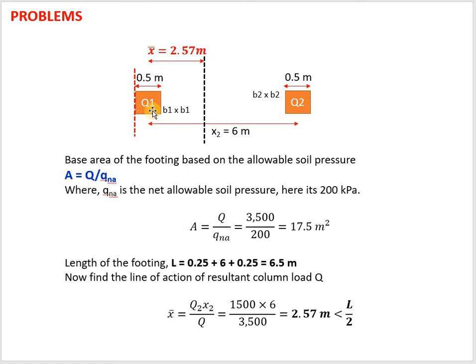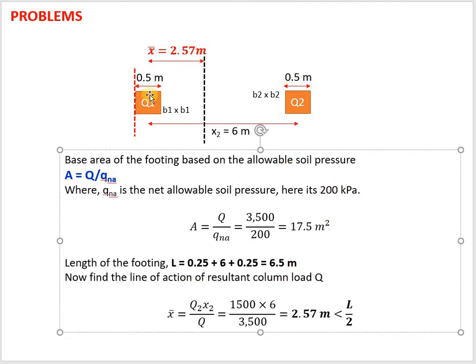Now here you already know the length of the footing, because the center to center distance is given, the size of the column is given, and it is mentioned that both the columns are at the edges. So the total length is 0.25 plus 6 plus 0.25, that is 6.5 meter, with 0.25 being half of the column width. So how will you find the line of action?